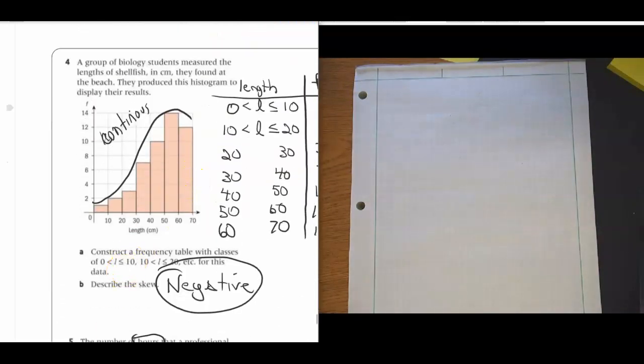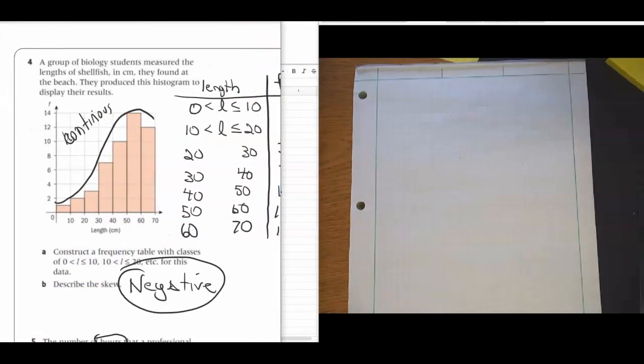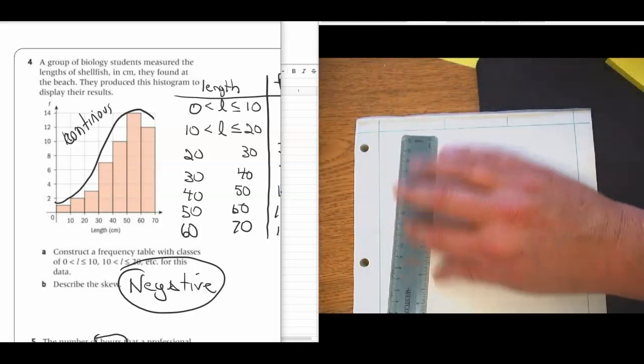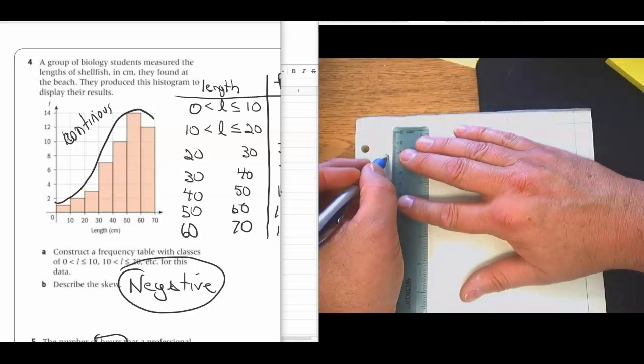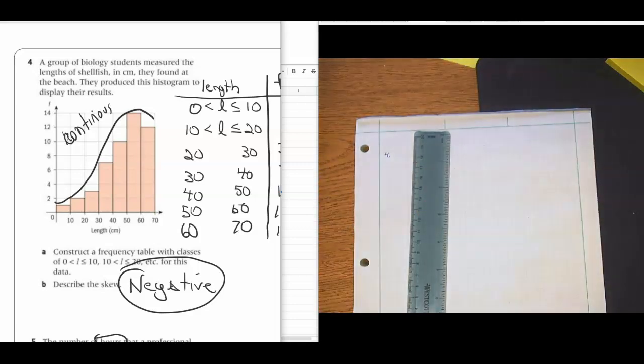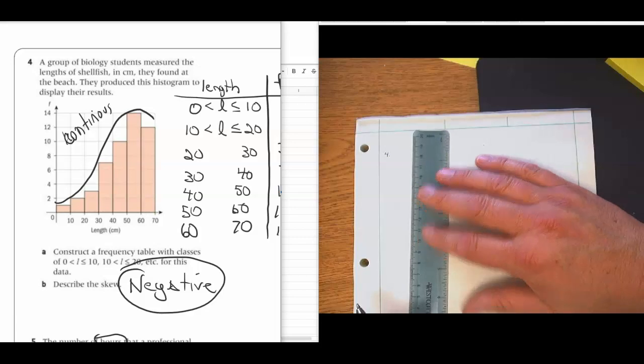All right, so the last two, okay, you're given the graph and all you're doing is just making the frequency chart. All right, so a group of biology students measured the lengths. So when we talk about lengths, we've got continuous data.